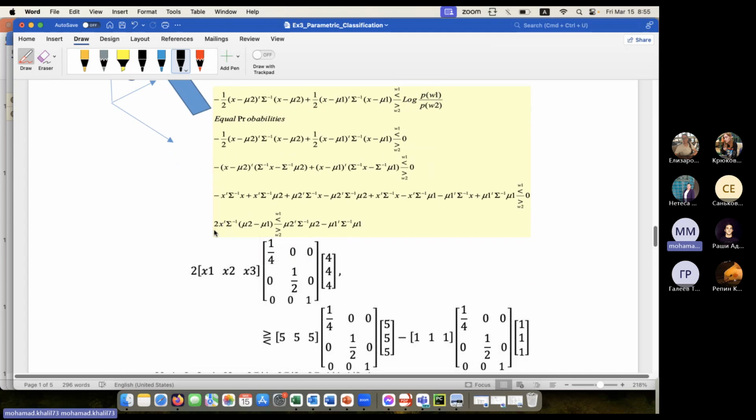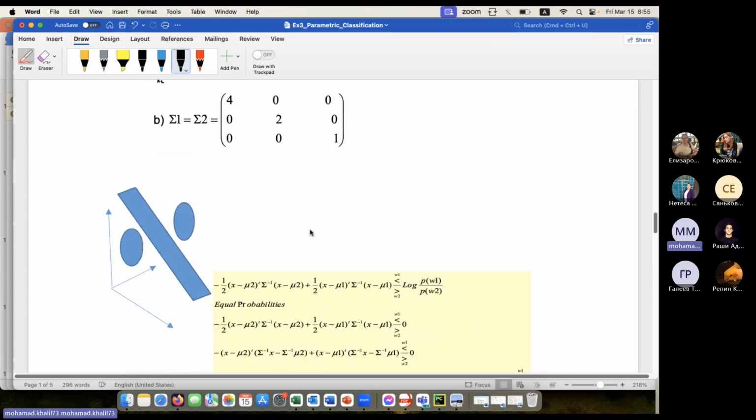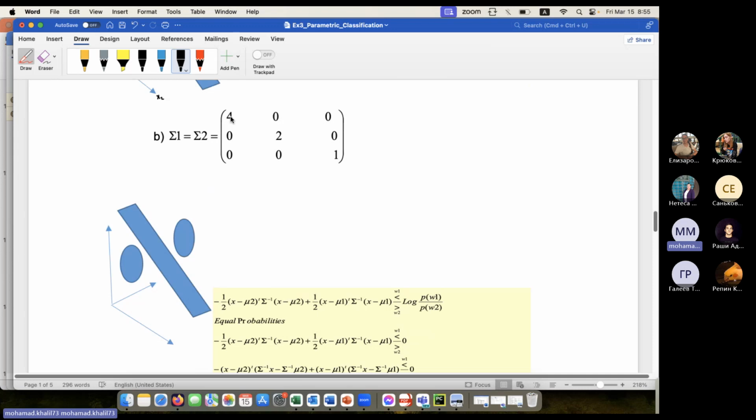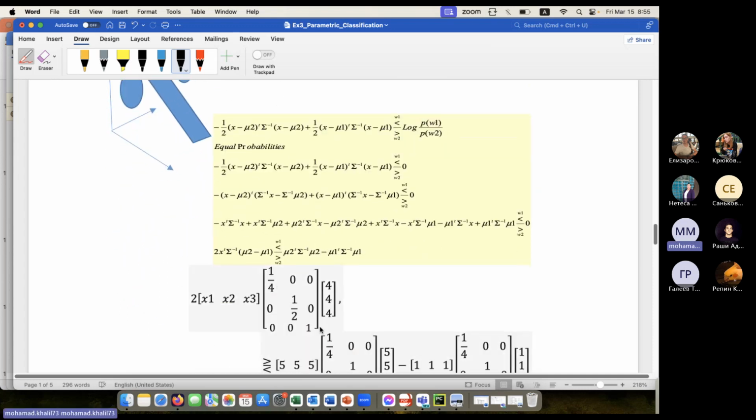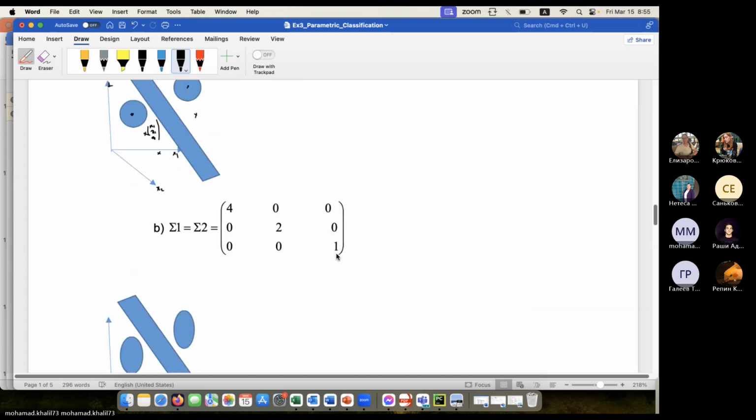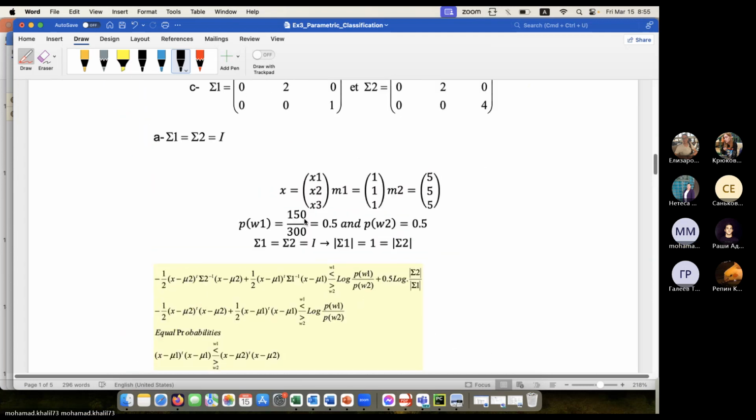Look, 2, 2, 2 is 2. X transpose means one row: x1, x2, x3. Sigma minus 1, what is sigma? This is sigma. So what is sigma minus 1? 1 over 4, 1 over 2, 1. What is mu2 minus mu1? It is 4, 4, 4, because mu2 is 5, 5, 5 and mu1 is 1, 1, 1.